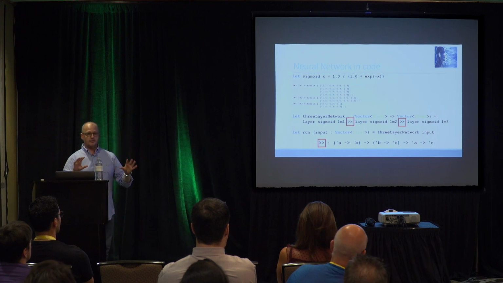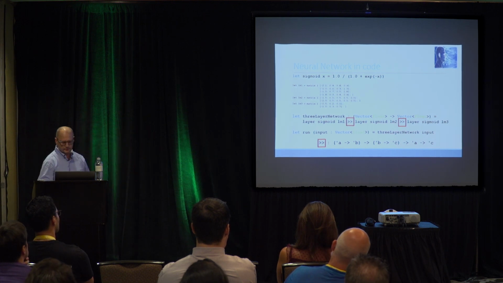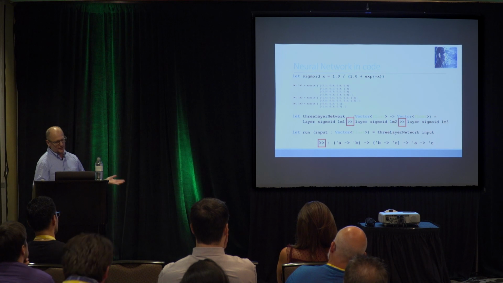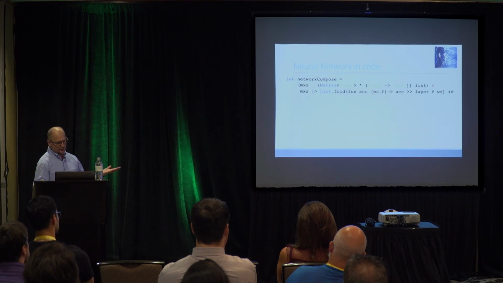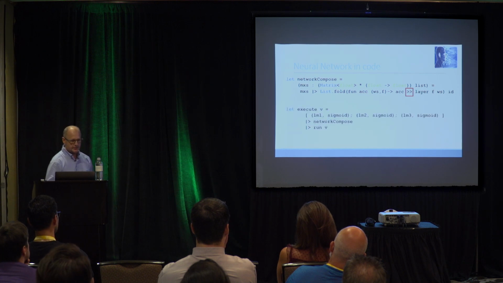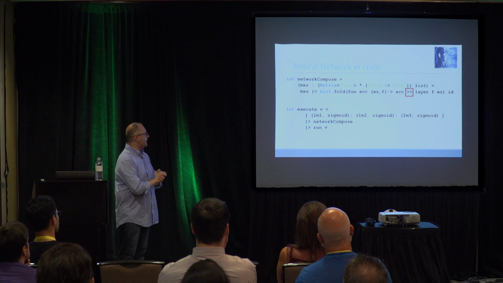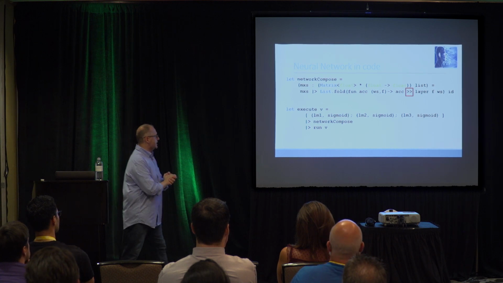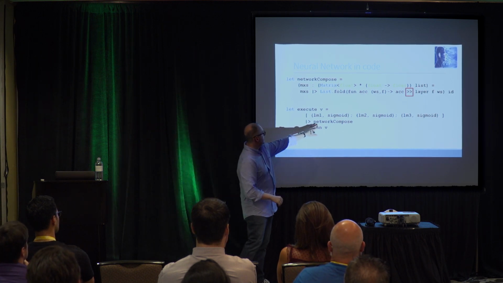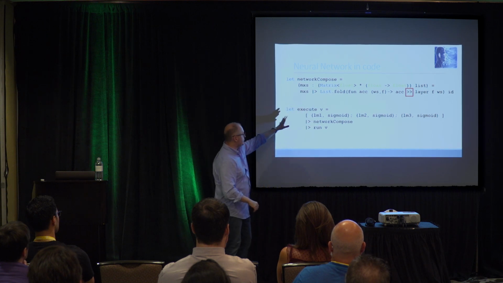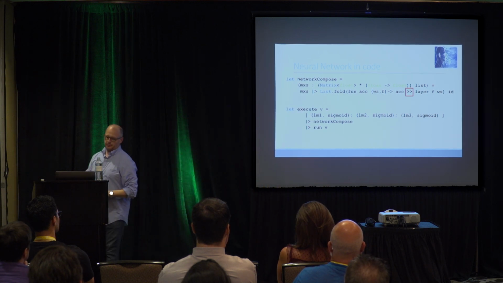Now we have created this simple neural network. Of course, this is simplified, just working with 3 layers, but you can use an aggregator function like a fold. You still have this compose function to have any number of layers, and we just execute, which composes the network, composing all the functions together, and run it. Pretty simple.